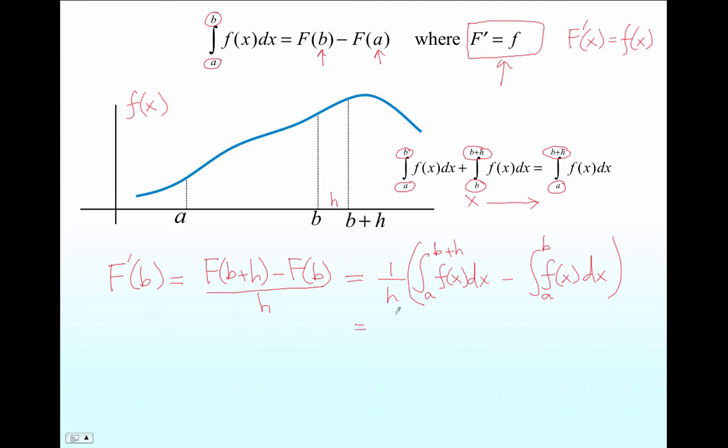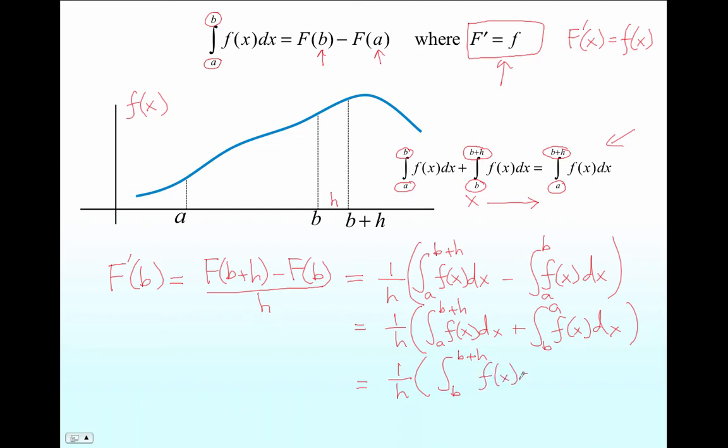And so this is equal to 1 over h, and now I'm going to have integral a to b plus h, f of x dx, but now I have plus integral b to a, f of x dx. Now, I'm going from b to a, and then from a to b plus h. So from what we've learned over here, this is exactly equal to 1 over h integral, now we're going from b to b plus h, f of x dx.